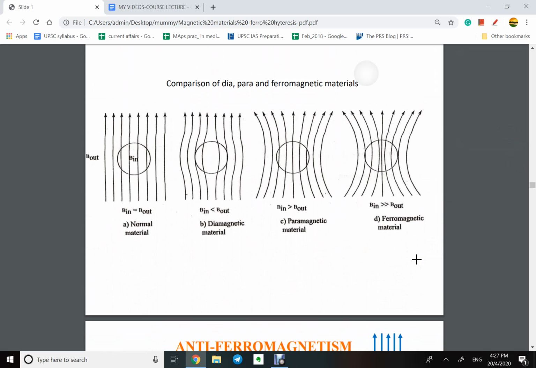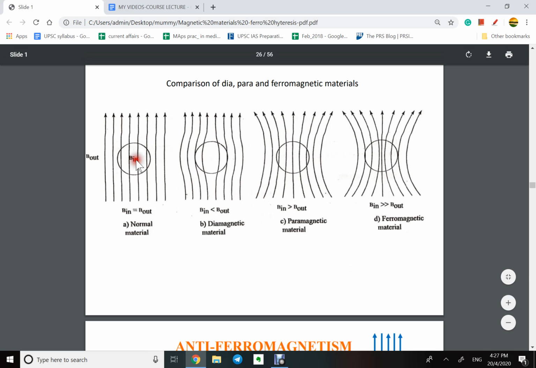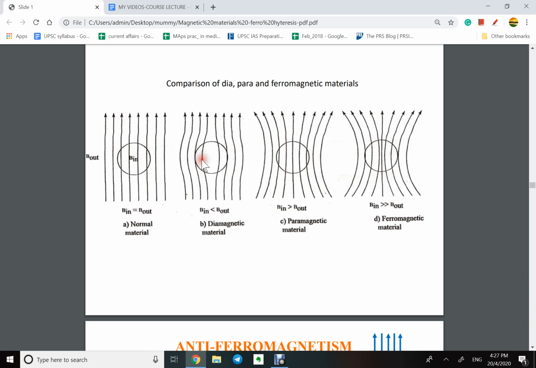Now we will see a comparison between these three materials: dia, para, ferro, and a normal material. So in a normal material, the magnetic lines just enter. In a diamagnetic material, magnetic lines of force are repelled outside.